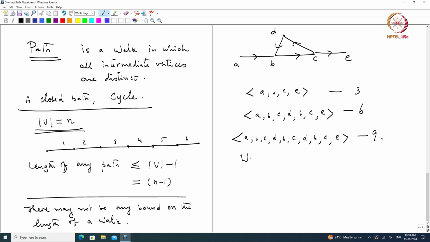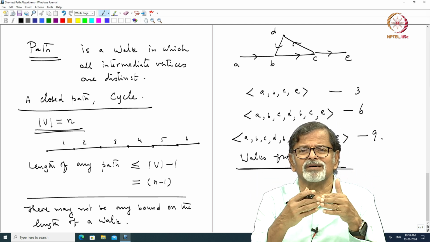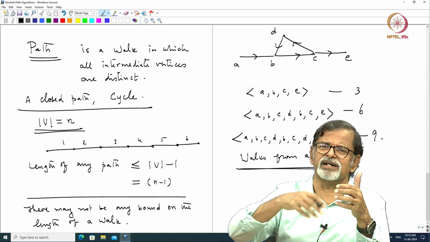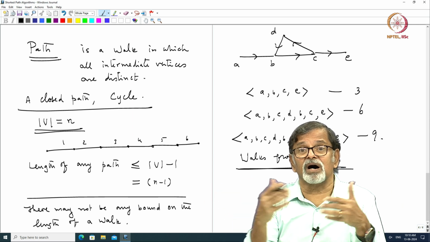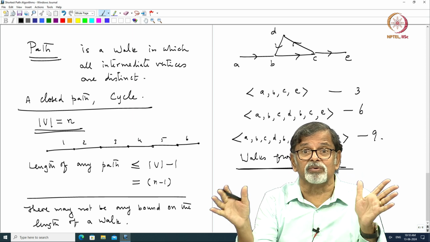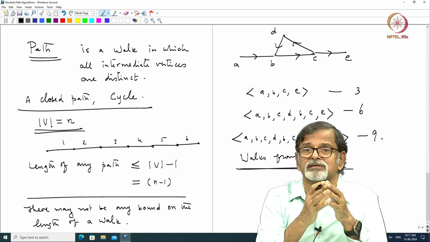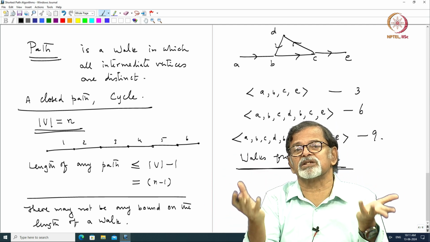All these are walks from A to E. You can now imagine a walk from A to E of unbounded length. It can be made arbitrarily large. Visit the cycle again and again and you are going to have a walk of arbitrary length. There is no bound. For path, there is a bound. Even if all vertices are present, you can have only n minus 1 edges.